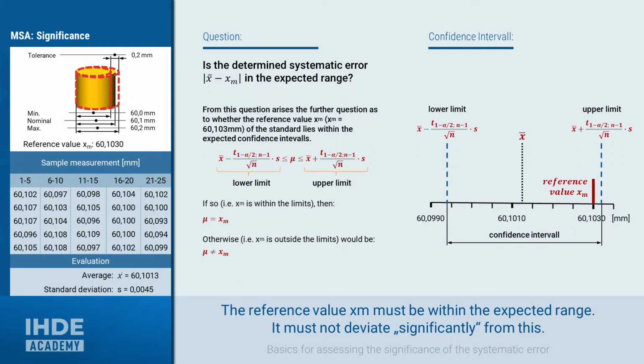With this x bar, the quantile of the t-distribution and the standard deviation, the confidence limits can now be calculated. If the reference value xm is then within these confidence limits, then μ is equal to xm. If the reference value xm is outside the limits, then μ is not equal to xm.